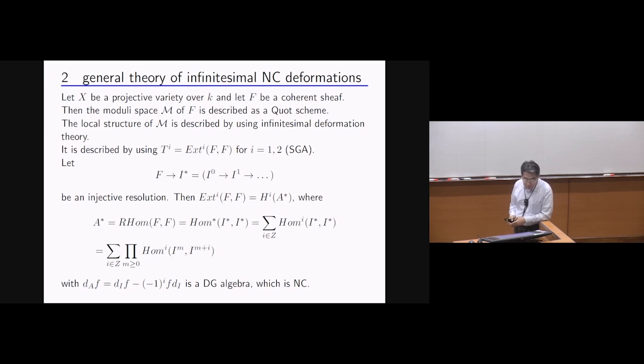And the local structure of the moduli space is described by using infinitesimal deformation theory. This is also Grothendieck's theory. So it is described in SGA using T1 and T2. T1 is Ext^1 of the sheaf, and the obstruction space T2 is Ext^2.